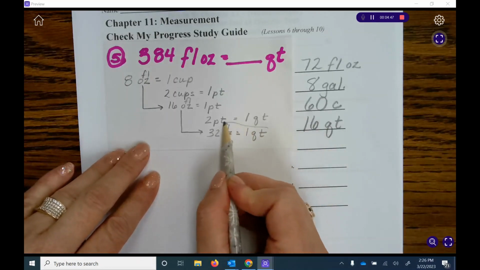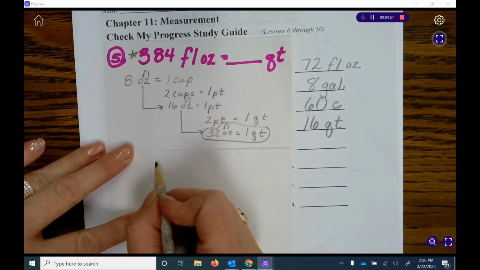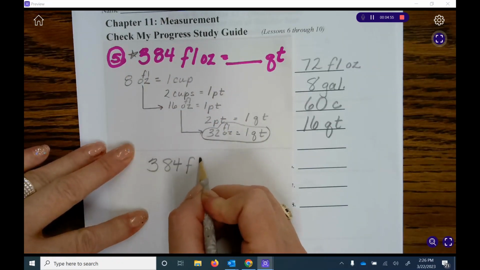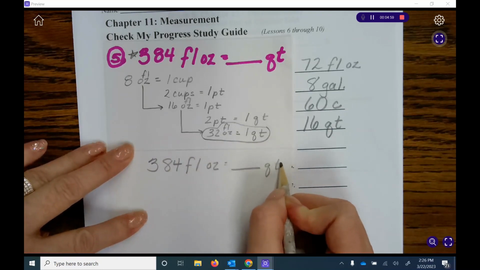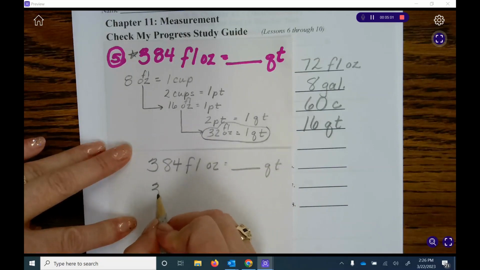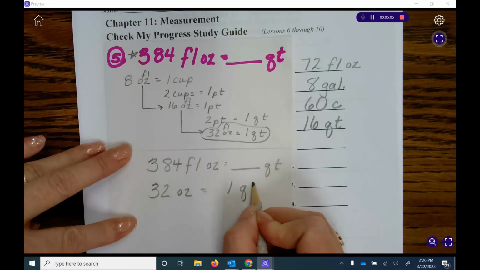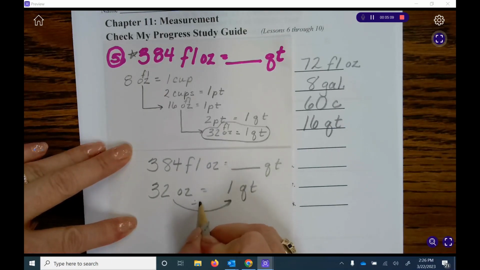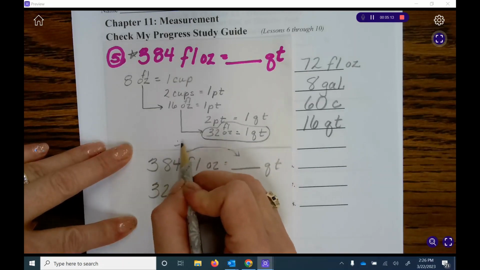And that's the key here. So we have 384 fluid ounces equals how many quarts? We know that 32 ounces equals 1 quart. So we have to divide by 32.